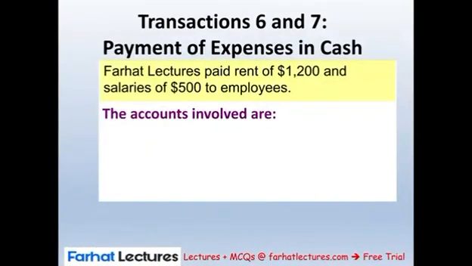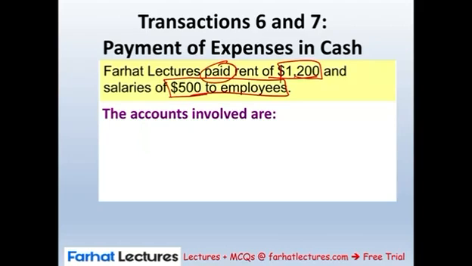Farhat Lectures paid rent of 1,200 and salaries of 500 to employees. Well, what happened? Farhat Lectures needed some help, so they hired someone and paid them $500. They also needed to rent maybe a space, maybe a piece of equipment. They rented something for $1,200 and they paid it.